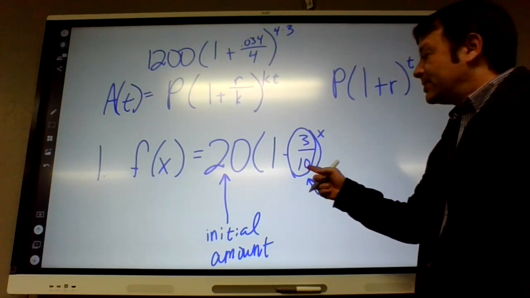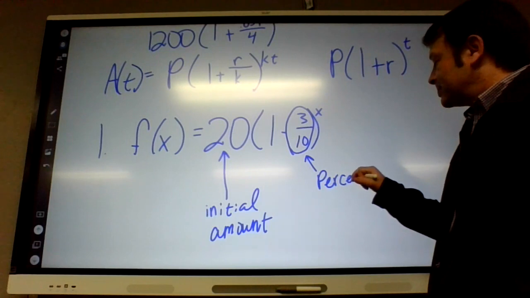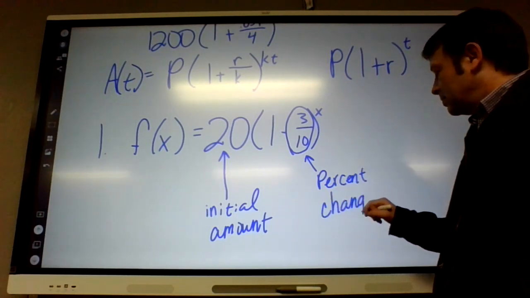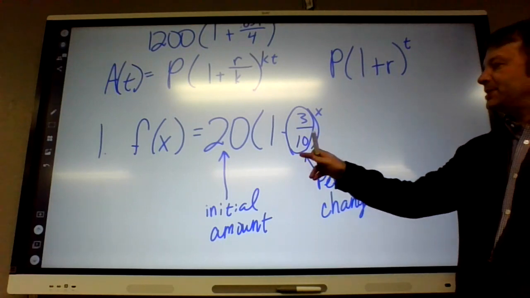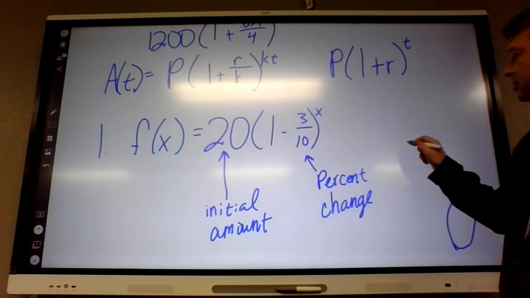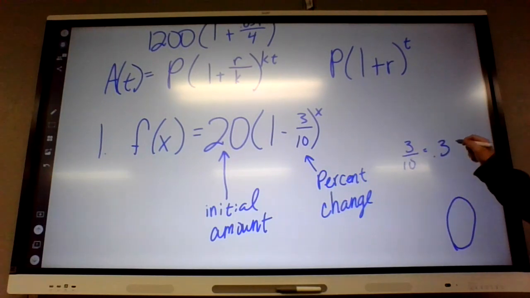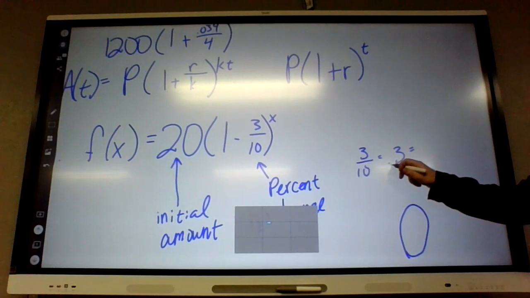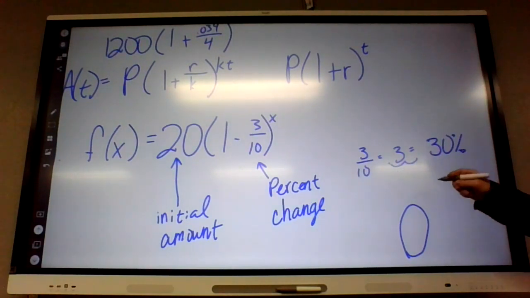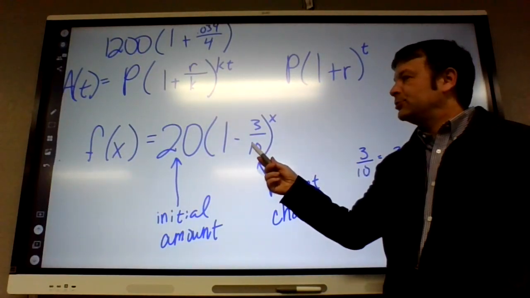Now they didn't write it as a percent, but we're going to have to write it as a percent. It's a percent change. Do you guys know what 3/10 is as a percent? 3 divided by 10 equals 0.3, which equals, move the decimal twice, 30%. Okay, so that's like a 30% drop.